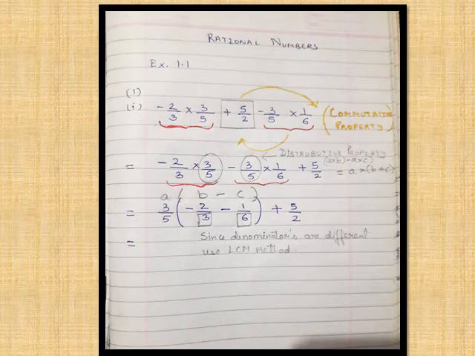Okay, now look in the bracket. We are going to solve what is in the bracket first. Now if you see, the denominators are different. So when the denominators are different and there is an operator sign of addition or subtraction in between, then you have to check the denominators. And if the denominators are different, then we have to use the LCM method.